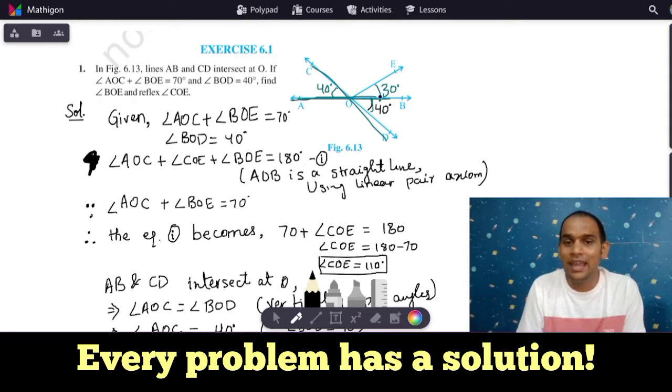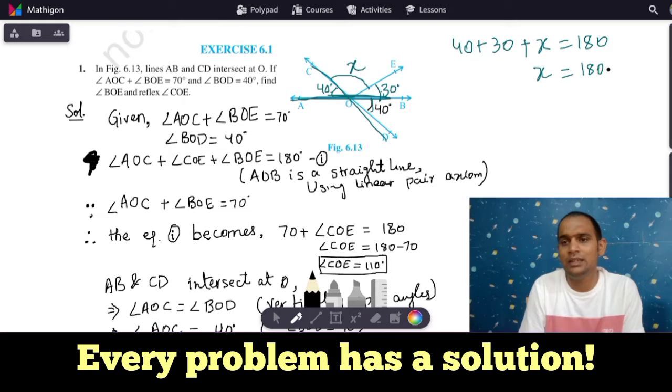Now, since AOB is a straight line, 40 degrees, 30 degrees and angle COE will make 180. So 40 plus 30 plus X, taking this angle as X, equals 180. When you solve this equation, X equals 180 minus 70.